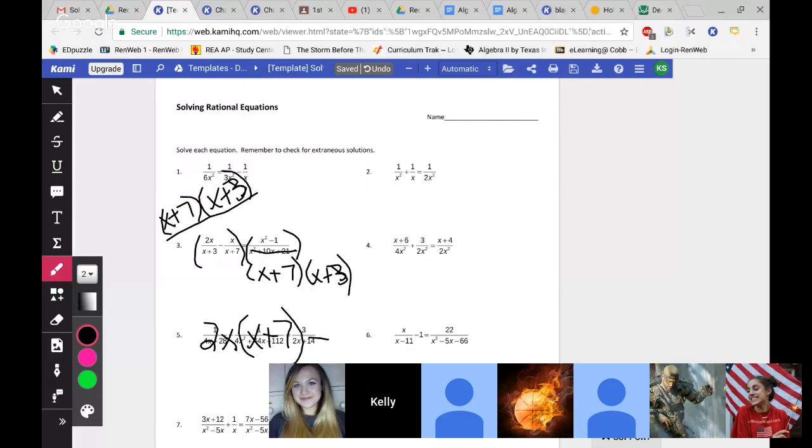And now that second x over x plus 7, how many times does x plus 7 go into that? Well, the x plus 7s actually cancel out, and it leaves you with the x plus 3 times x. So I'm going to open my parentheses to make sure I'm distributing that minus sign all the way through.